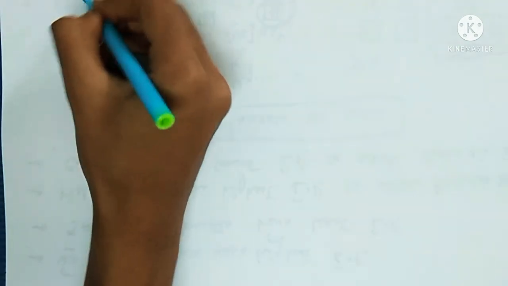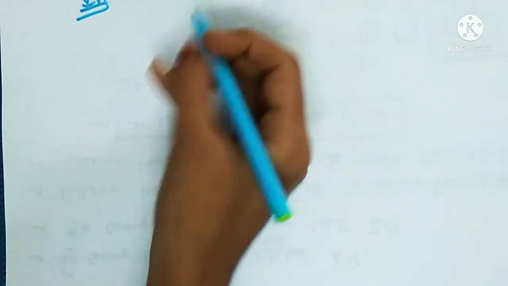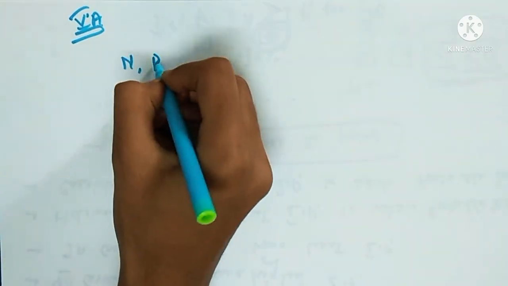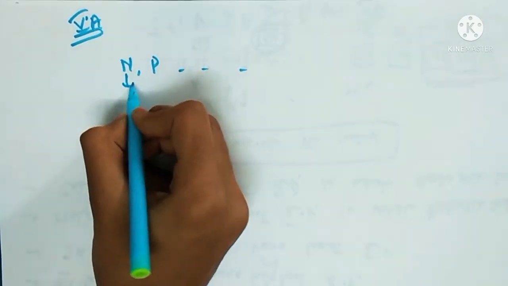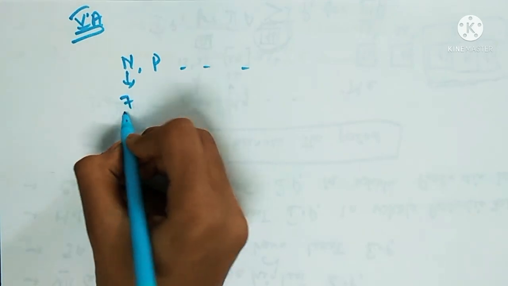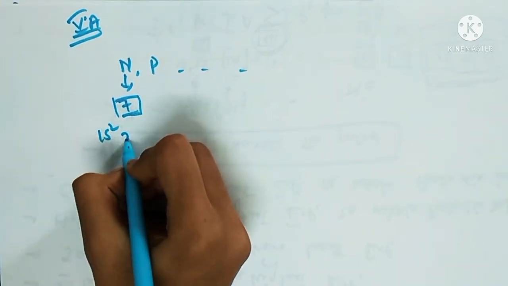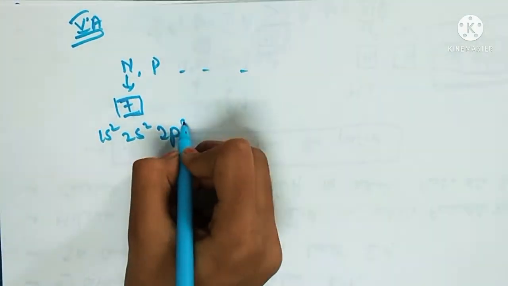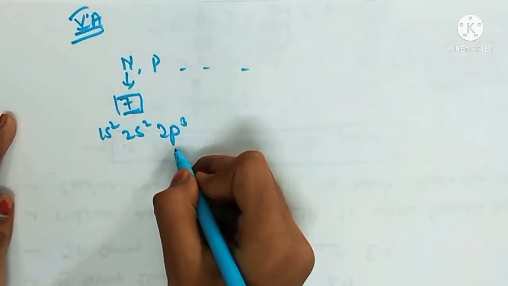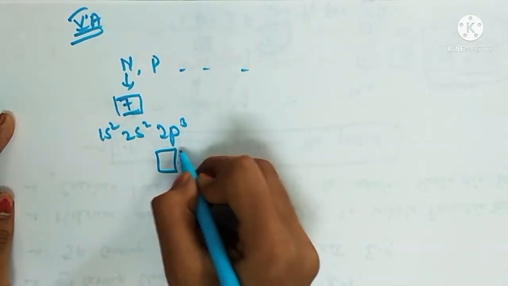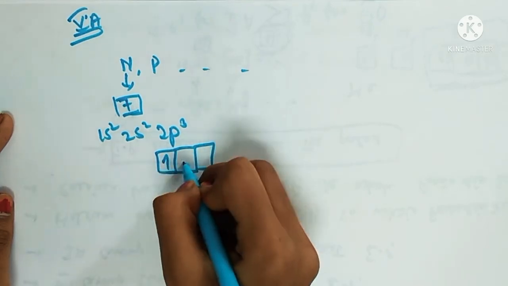And another exemptional case is fifth A group elements. If you take examples like nitrogen, phosphorus, etc. In the case of nitrogen, atomic number is 7, 1s2, 2s2, 2p3. It has a symmetric electronic configuration, that is a half filled electronic configuration.